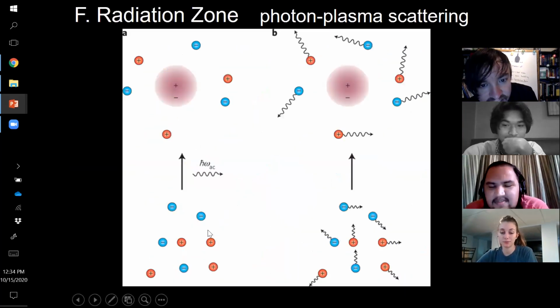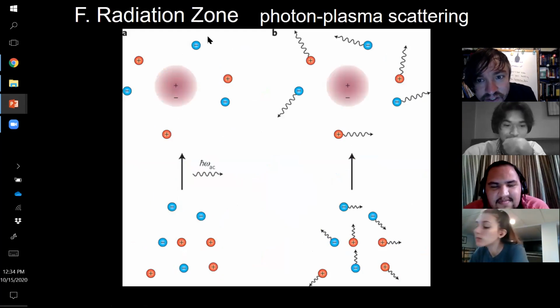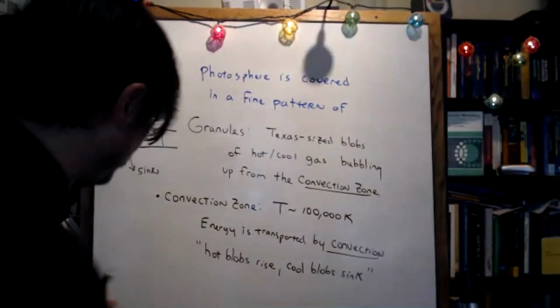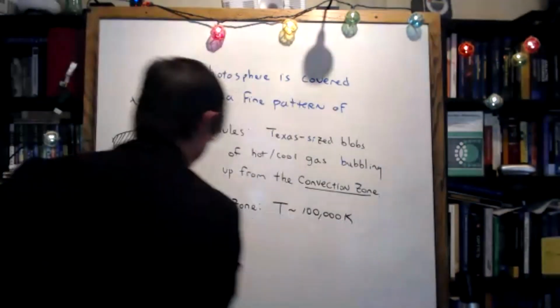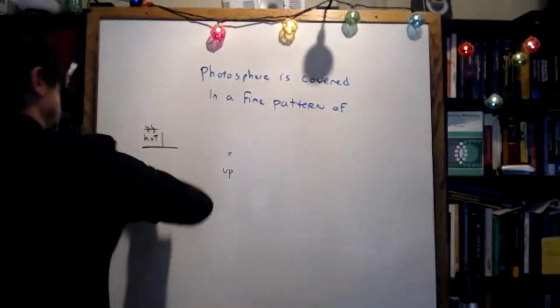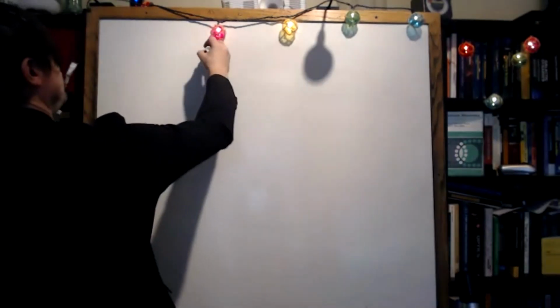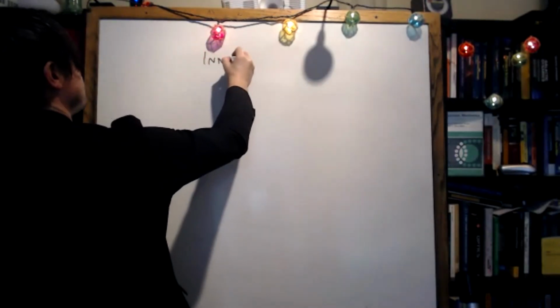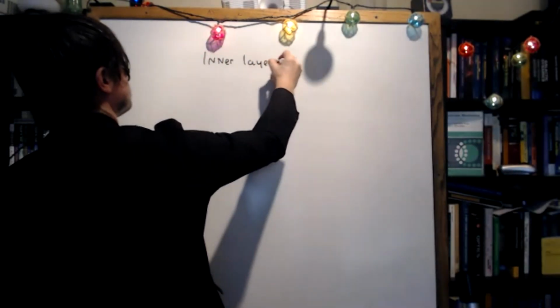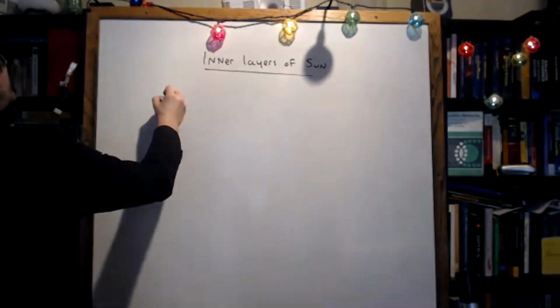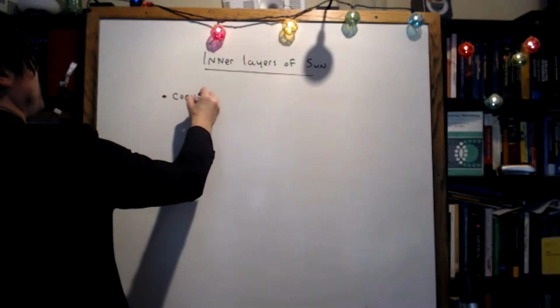Okay, let's take a tiptoe down one more layer into the radiation zone. And then I want to get to the nuclear core before I run out of time. I'm going to have to shortchange the radiation zone a bit. Okay, so if we take some notes on the inner layers of the sun, we've already discussed the convection zone.